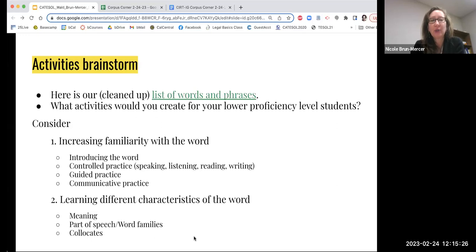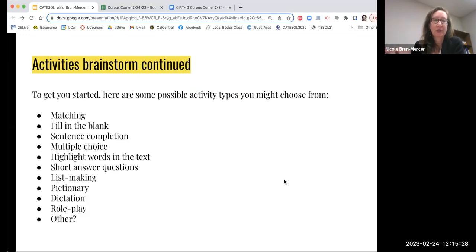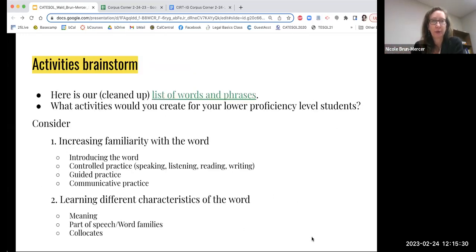As you are brainstorming activities with your group, draw on that list of words and phrases that we put in the chat, and think about what activities you would create for your lower proficiency level students. Think about increasing familiarity with the word, introducing the word, then doing some controlled practice with different skills, then guided practice, communicative practice.